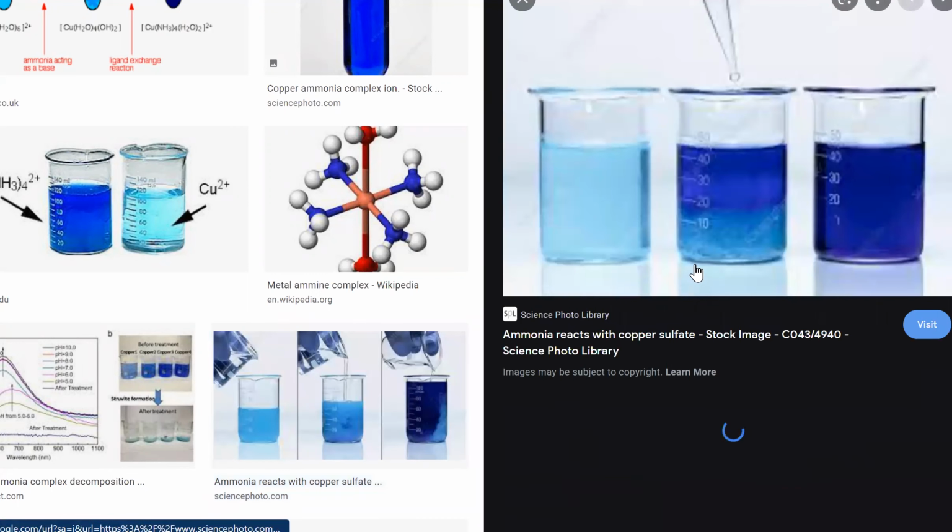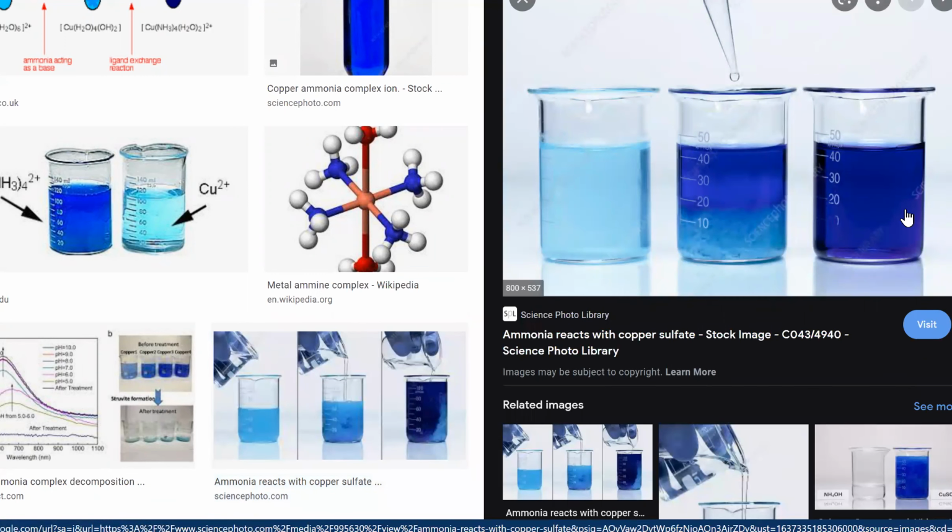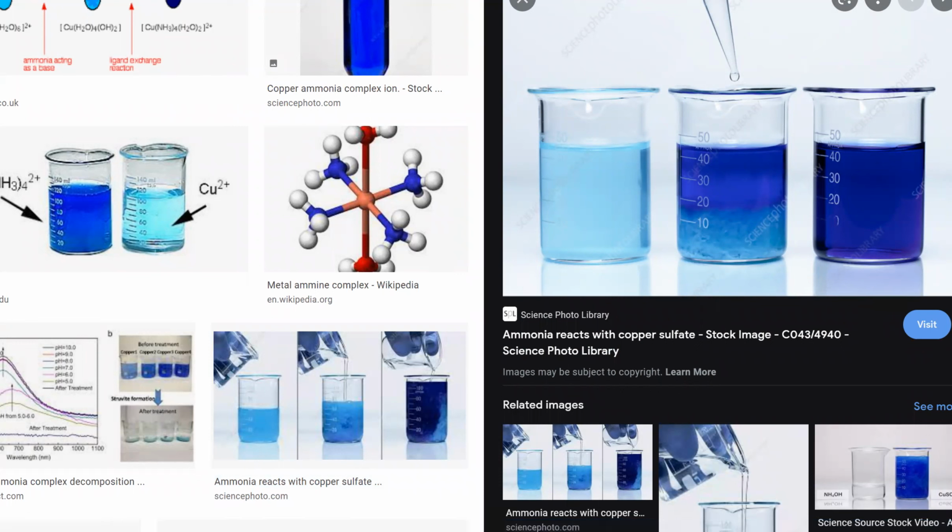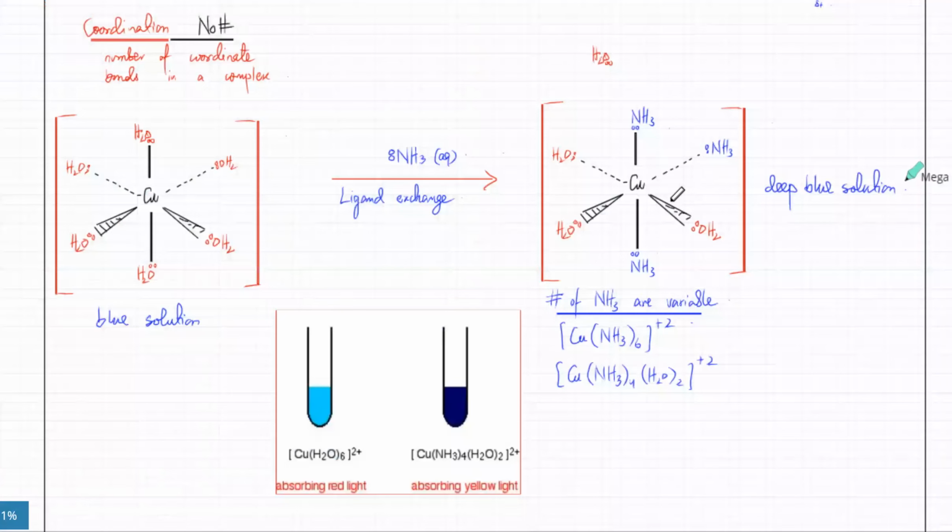There are actually 3 steps. It doesn't turn into deep blue immediately. Initially, a precipitate is formed. If you remember the test for copper ions, you add a few drops of ammonia, you get a pale blue precipitate. You add more ammonia, you get a deep blue solution. We're going to discuss this in detail later on. Right now, just remember the complex that's getting formed and the color.